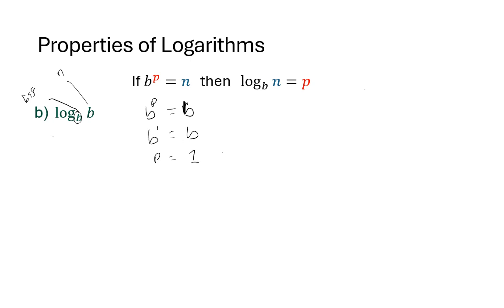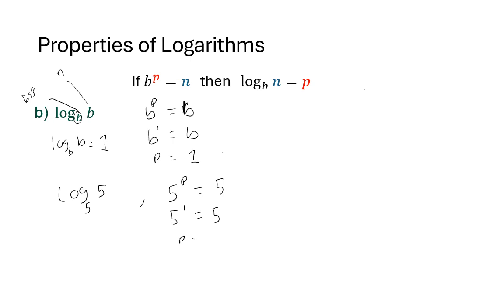Then you can just write log b base b is equal to 1. So whenever you have log of something with the same base, it is always equal to 1. So if you have log 5 base 5, this is just trying to find 5 to some power equal to 5, and this is 5 power 1 equal to 5.